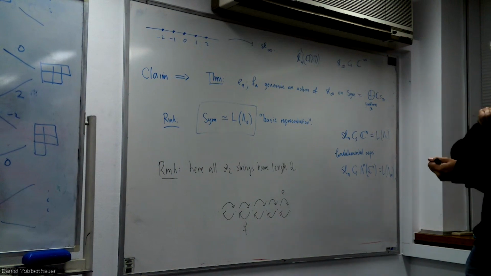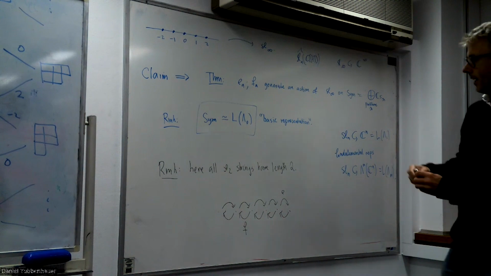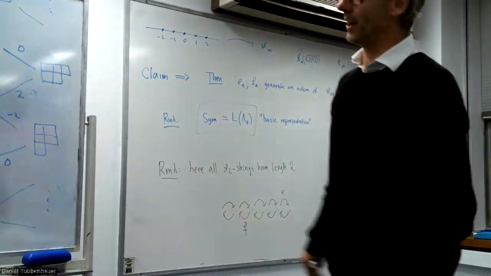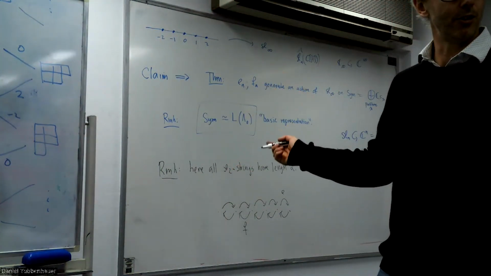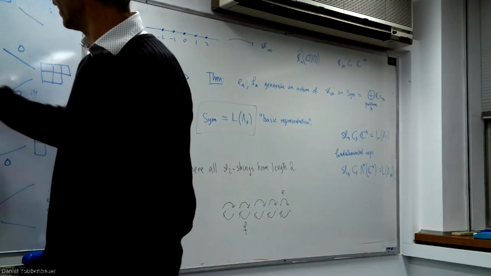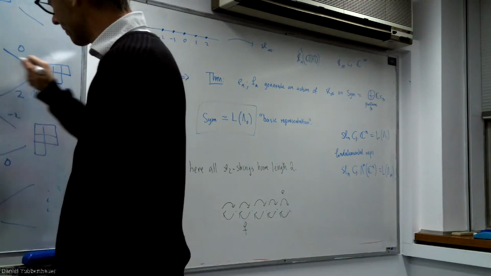And these are called SL2 strings. And very important, the point here is that in this basic representation of SL infinity, all the SL2 strings are length 2. So if I can add a box of a certain content, I add it, and then I can't add any more of that content.